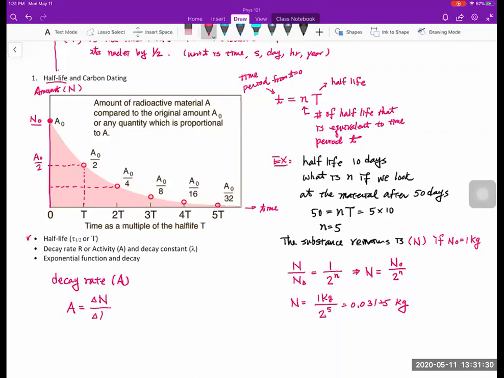And this is the change of the time. This is not like half-life, but it is related to half-life. So what is this equal to? Well, this is equal to this.